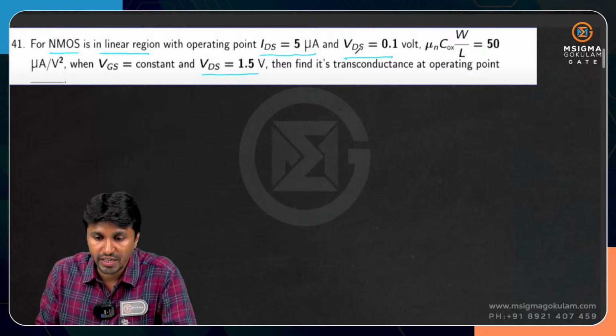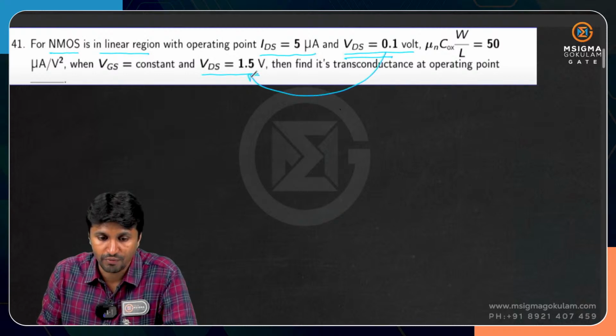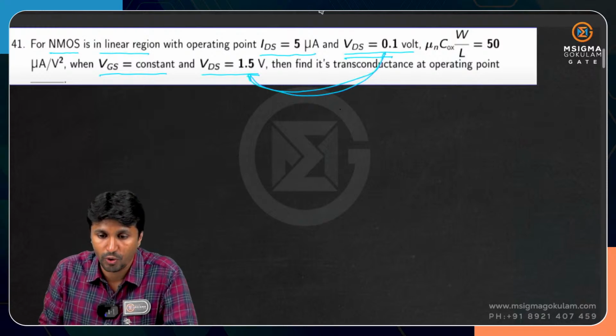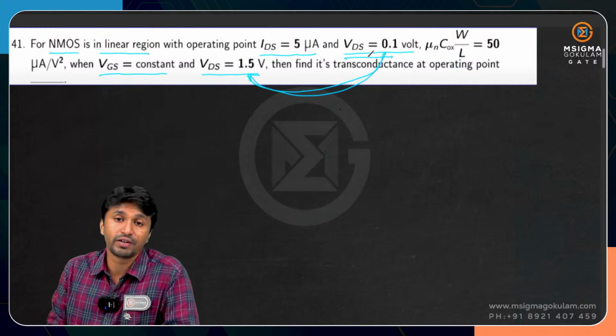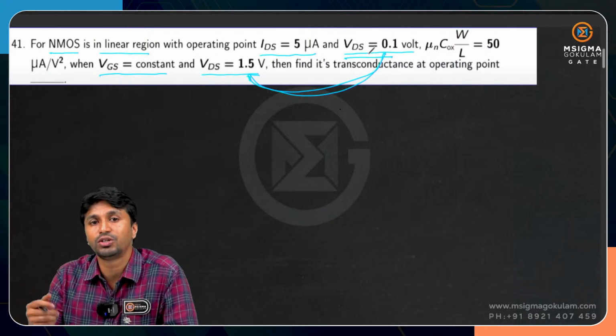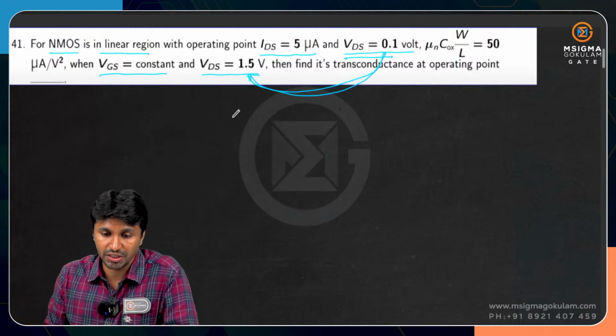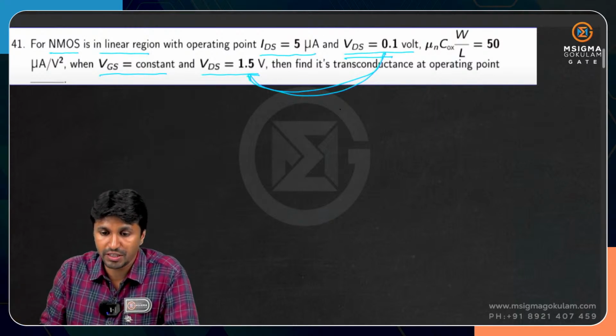So initially VDS is 0.1 volt, then it is increased to 1.5 volt, right? Maintaining VGS constant, they have increased VDS from 0.1 to 1.5. Obviously the MOSFET will switch from linear region to saturation region, right?